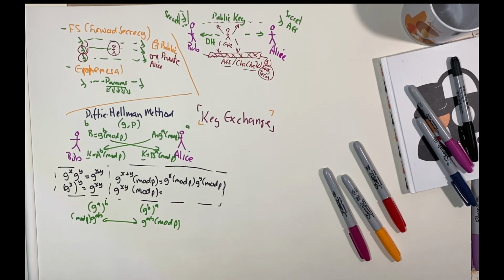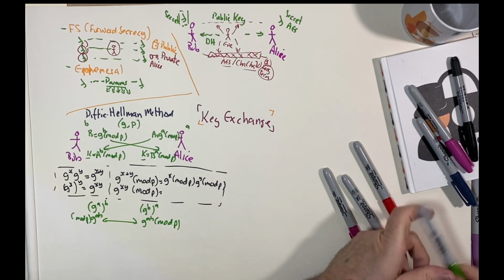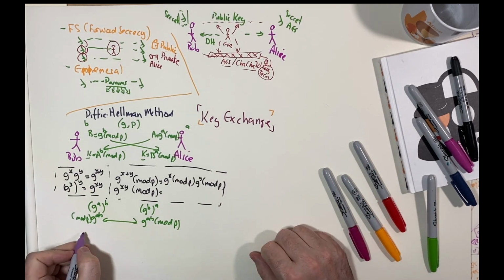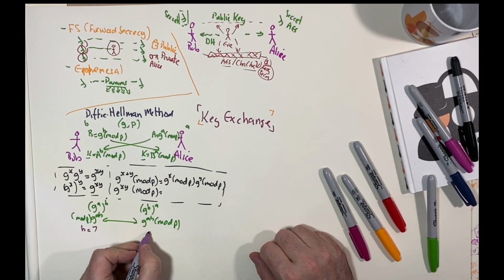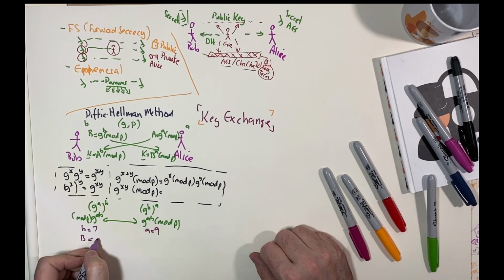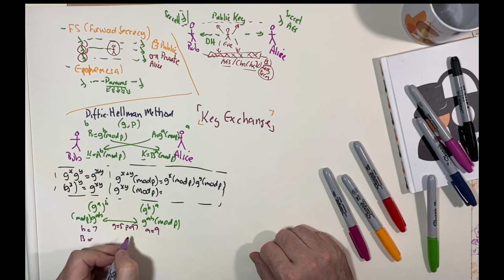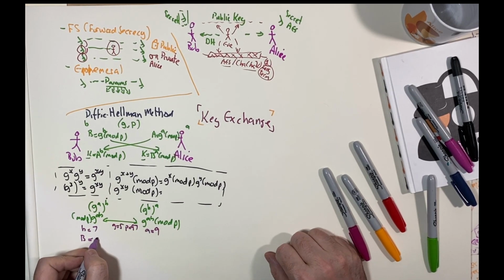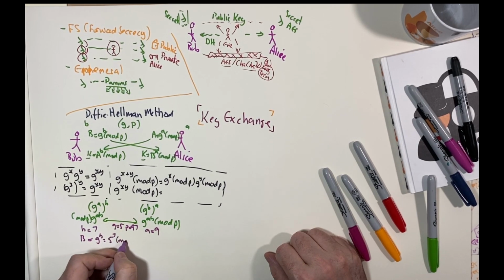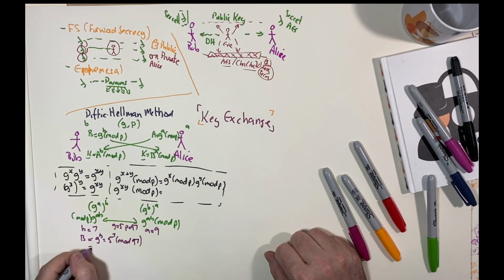Okay, if we take an example of this calculation. If Bob uses a value of 7 and Alice uses a value of 9, and we're using G of 5 and a P of 97, that's a prime number, then G to the power of b is 5 to the power of 7 mod 97, and I think that equals 40.